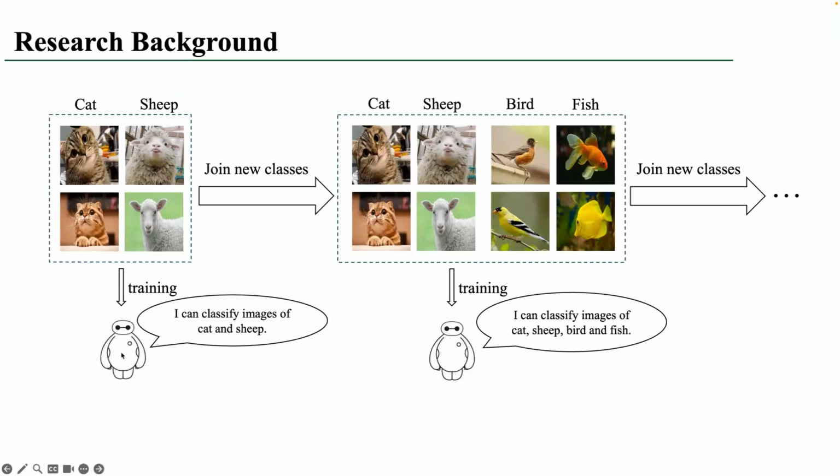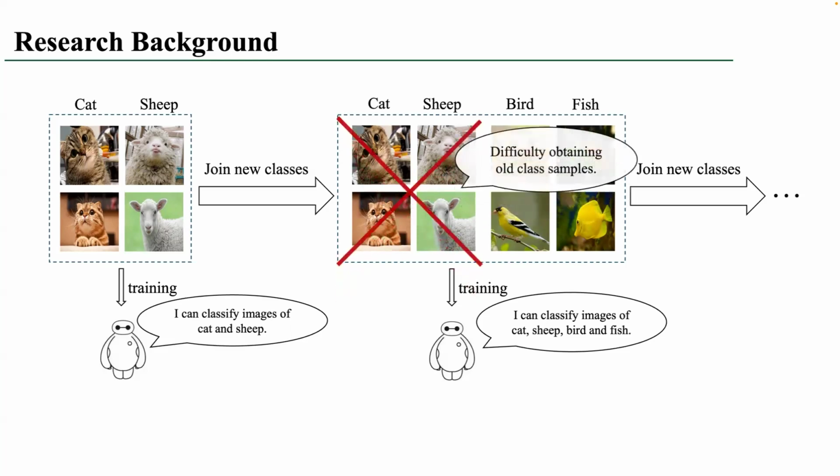As shown in the figure, when an intelligent system is trained on only cats and sheep, it can classify images of cats and sheep. However, when new classes, such as birds and fish, are introduced, the system is expected to classify all classes. But old class samples are hard to obtain.